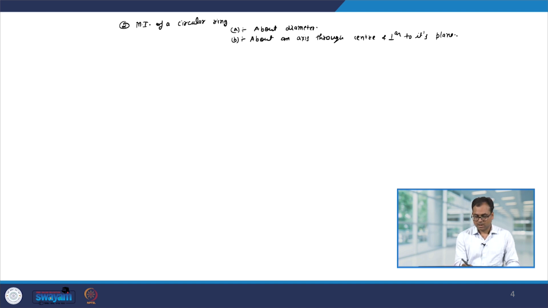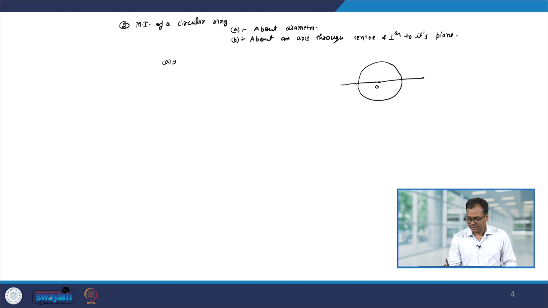Okay. So, the first case is about diameter. So, we have a ring and this diameter passes through the center O. Let us say this point is A prime and A. So, we want to calculate the moment of inertia about A prime.